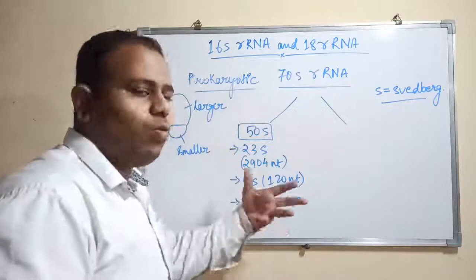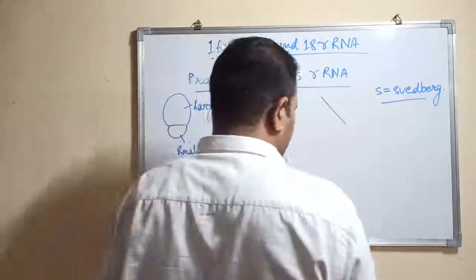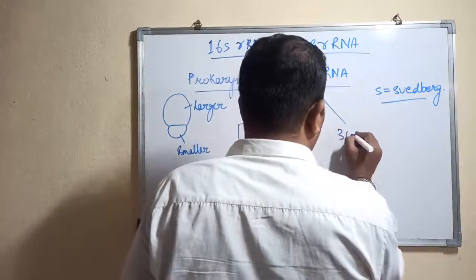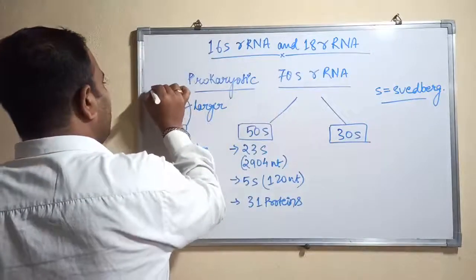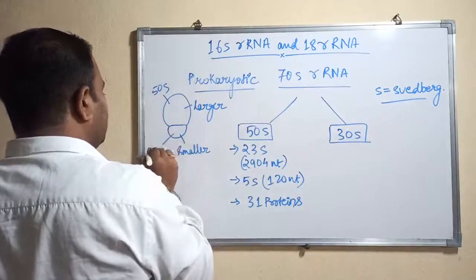Okay, now let's see what the smaller subunit is and how its division is. The smaller subunit in the prokaryotic cell is 30S. So here the larger subunit is 50S and the smaller subunit is 30S.